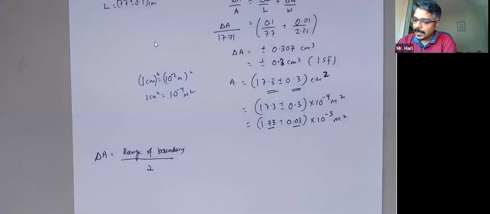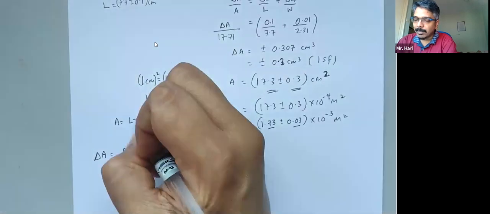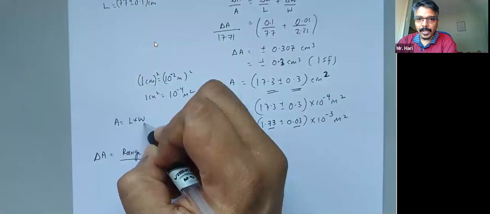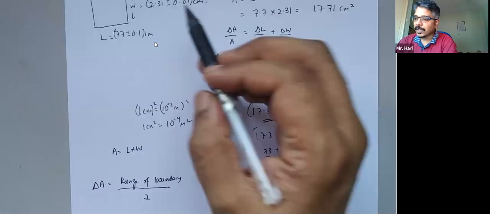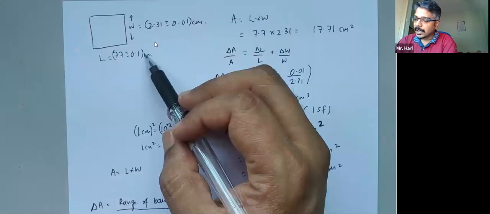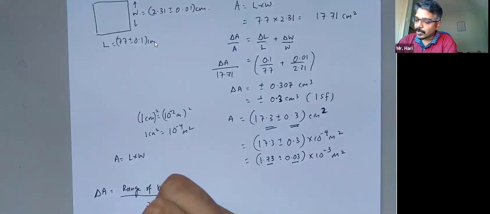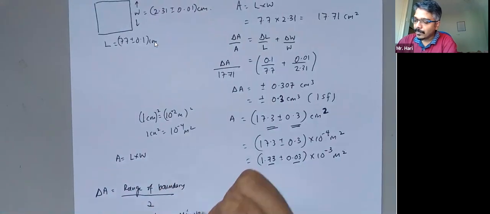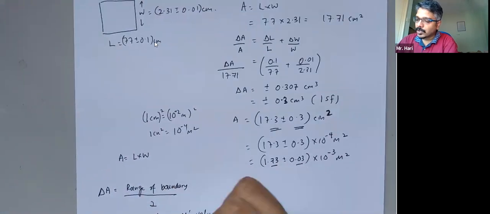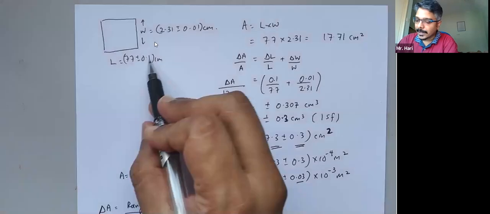If I take the area, length times width, and I use the maximum value based on the uncertainty given, and I find out what is the maximum value, minus the minimum value, divided by 2. The maximum value is what we get if I add the errors, right?